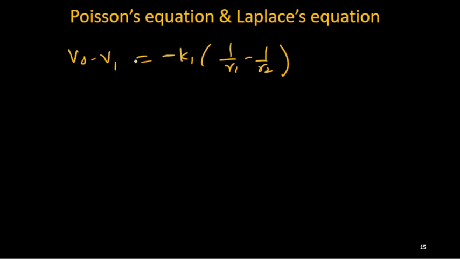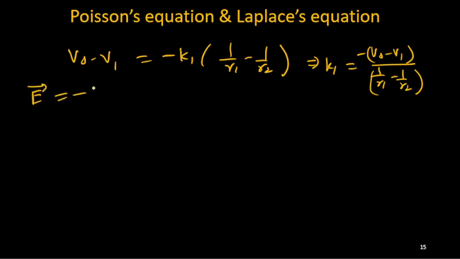So k1 is V0 minus V1 upon minus, 1 upon r1 minus 1 upon r2.